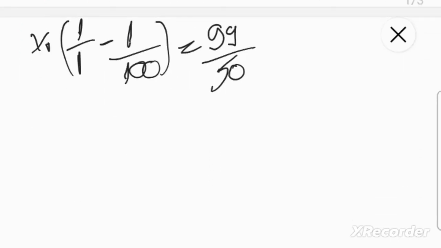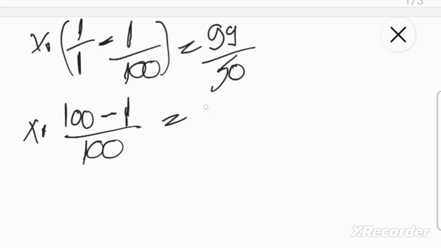How are we going to do this subtracting? We have in here common factors. So we have x multiplied by 100 minus 1 over 100 equals 99 over 50.